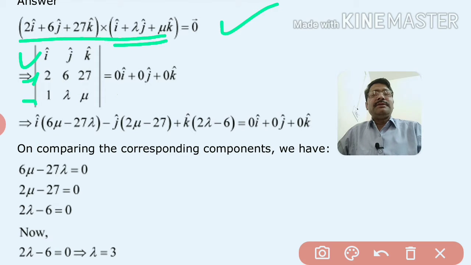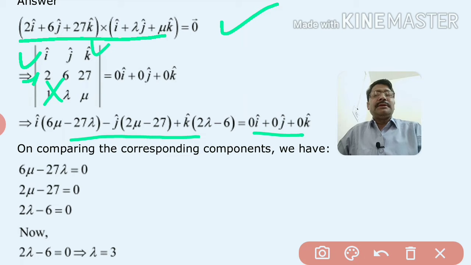Then by j you open, so minus j (2 mu minus 27), then you open by k, so you write plus k (2 lambda minus 6), that is equal to 0i plus 0j plus 0k.